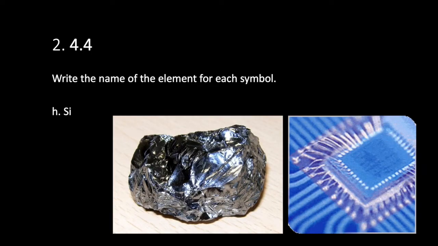H, silicon. So part H is Si. Si is silicon. It's a shiny metal. They use it a lot in computer chips. It's interesting. Life on Earth is based on the element carbon, but people think that if there were another element that life could possibly be based on, so it would be very different from Earth, it would be silicon.